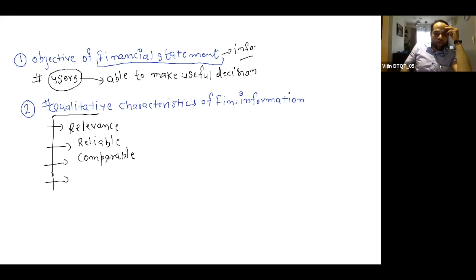And the fourth one is consistency. Relevance, reliable, comparable, and consistency. So these are the characteristics of financial information.